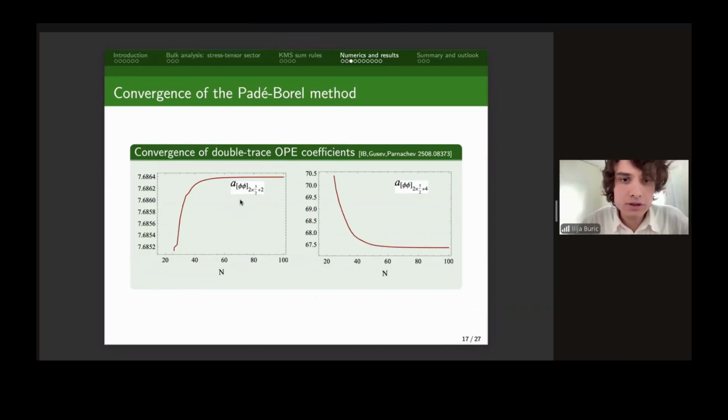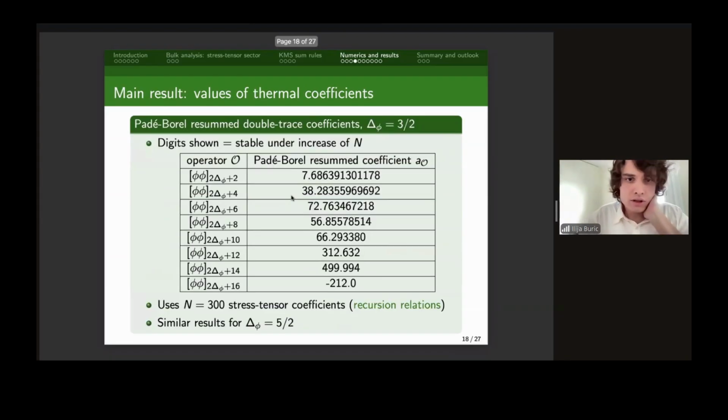Okay, so let's come to the results. If you follow this procedure and increase N, we see that it actually converges very well. These are some examples of double trace coefficients, and you can see the y-axis differences are quite small. This is maybe the main result, a table of double trace coefficients that we got with this method.